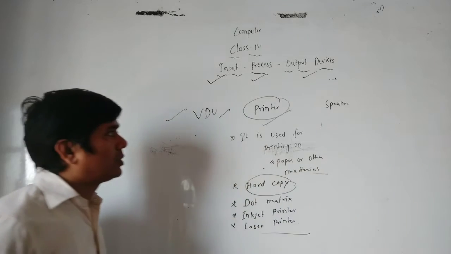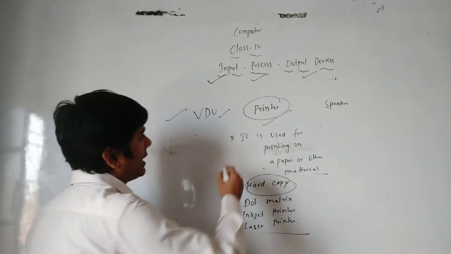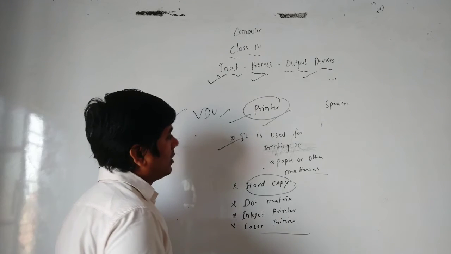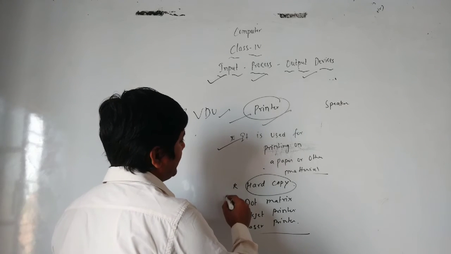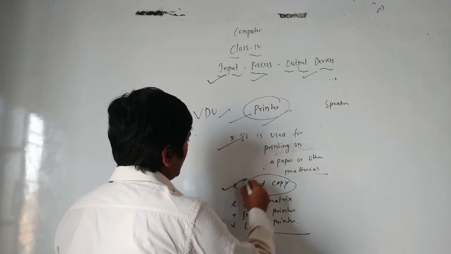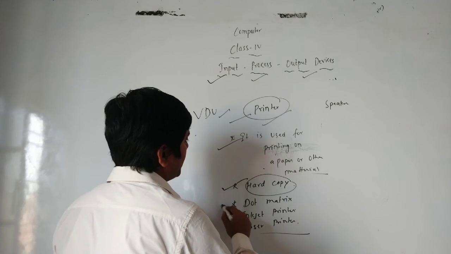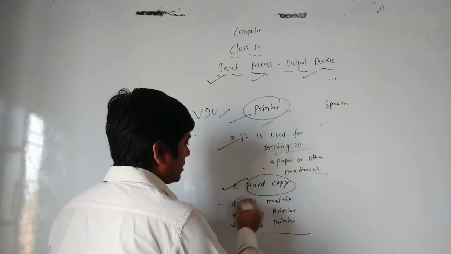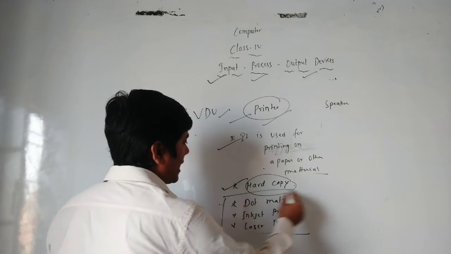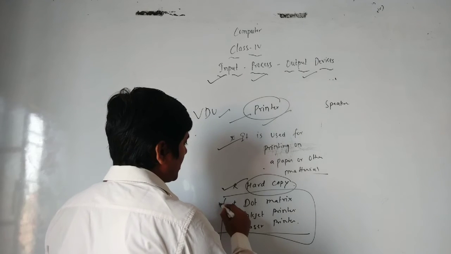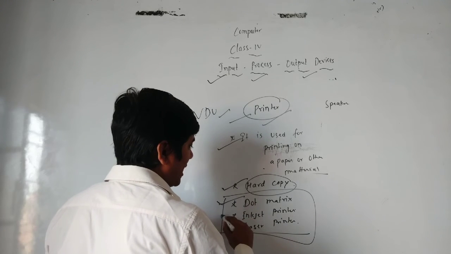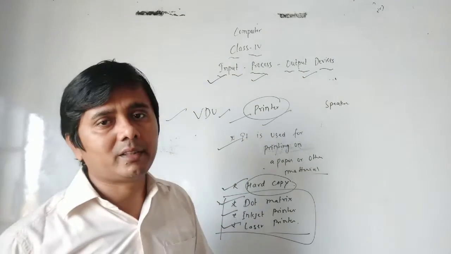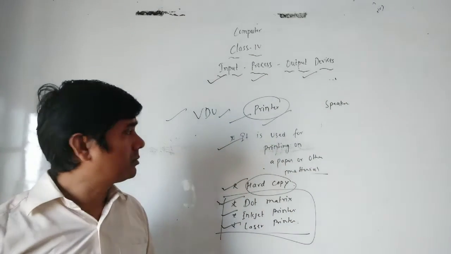So what is a printer? A printer is an output device used for printing on paper or other material. We get hard copy in the form of printing. These are types of printers.